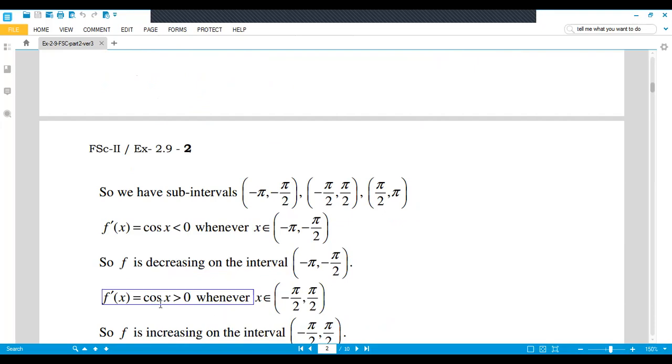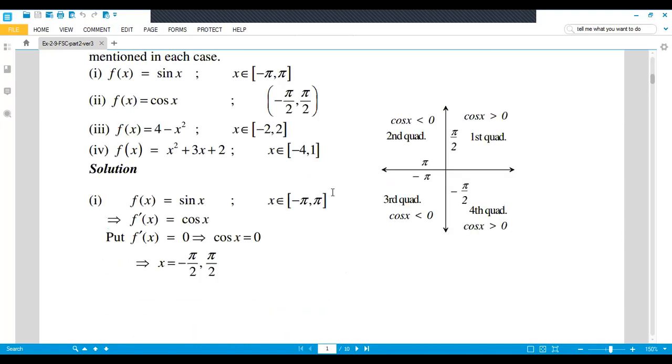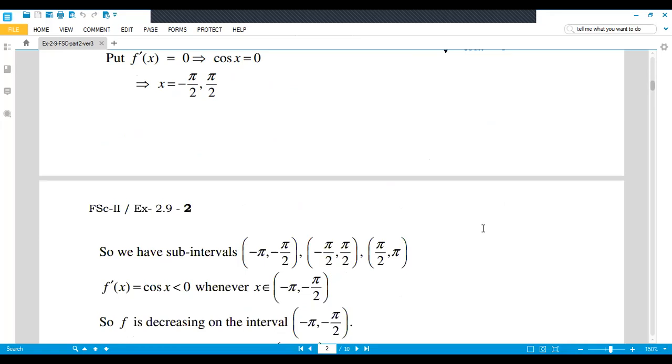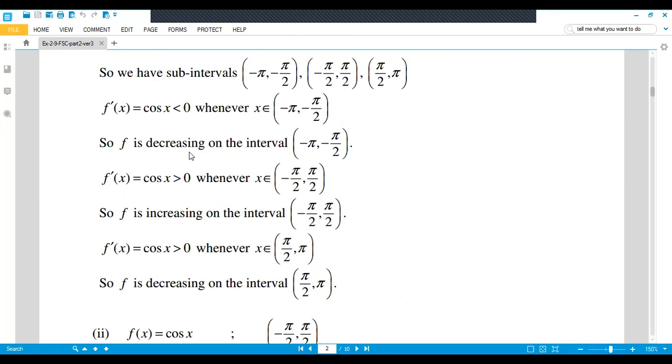Now check the other one. f prime of x, meaning the first derivative of the function, is equal to cos x, which is greater than 0 for the second interval, minus pi by 2 to pi by 2. Look, from minus pi by 2 to pi by 2, cos x is greater than 0. So the function is increasing in this interval.